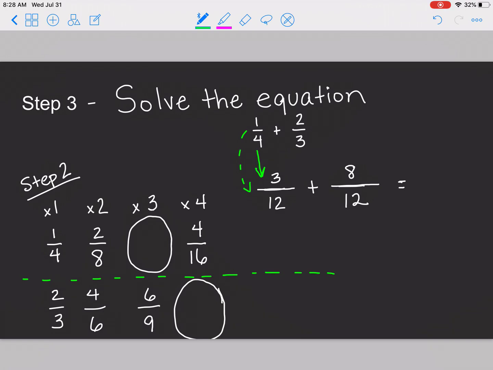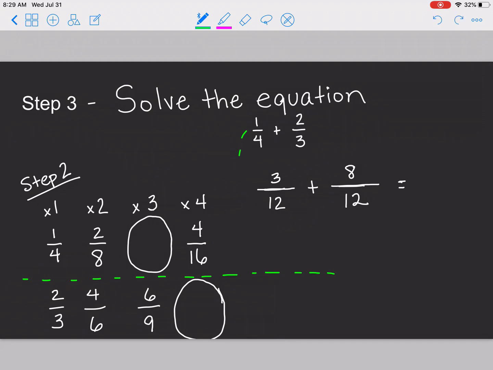The 3/12 is directly below the 1/4 to show that that is the equivalent fraction for 1/4. My 2/3, the equivalent fraction is 8/12. And of course this is not aligned perfectly, but if you were to line it up, that 8/12 is the equivalent fraction for 2/3.